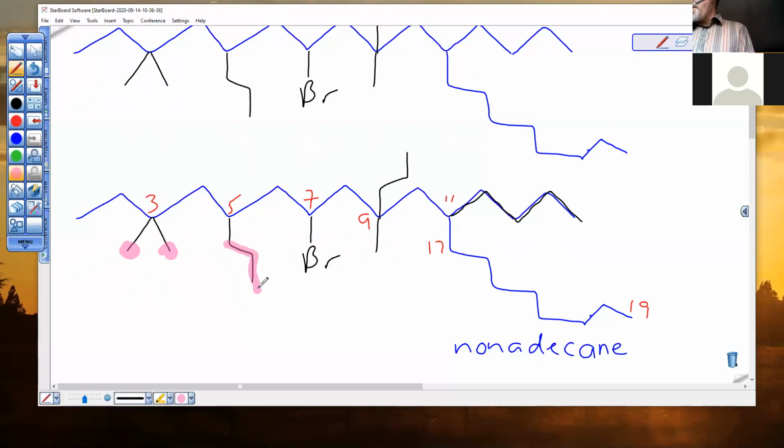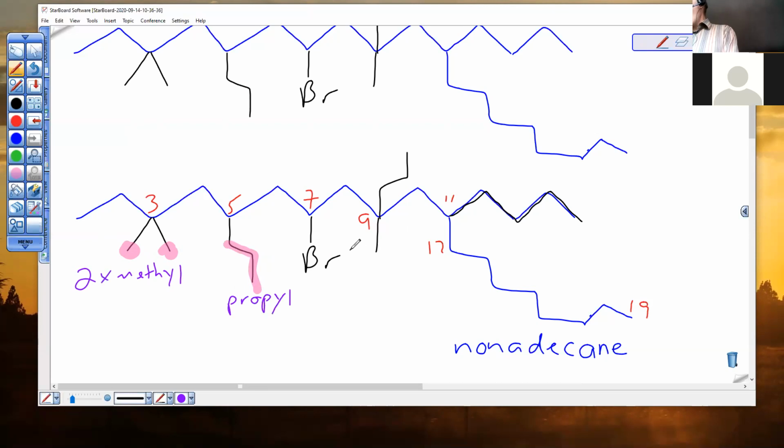So our groups so far are methyls. And we'll put groups in purple. Just to remind you, that's 2 methyls. And a 3 carbon group. Well, if it was a 3 carbon chain, it would be called propane. When it's a group, it's called propyl.